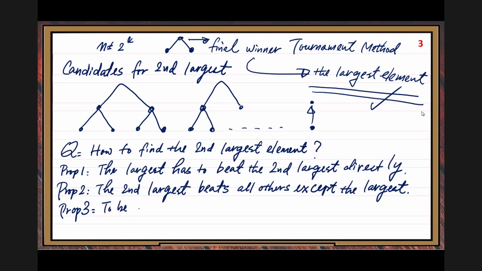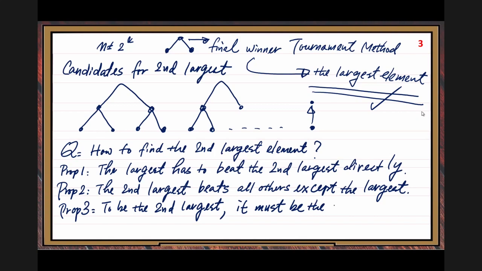To be the second largest, then it must be, so here, let me state it first, then we try to understand, it must be the direct losers to the largest.